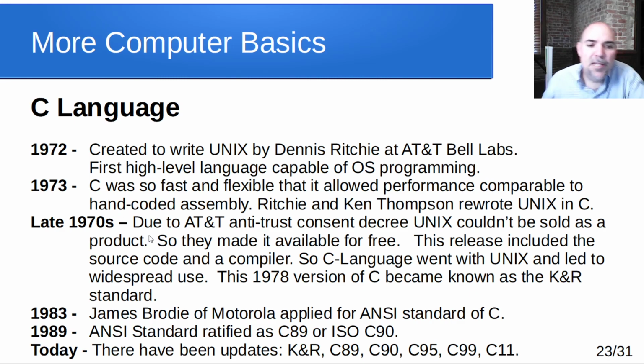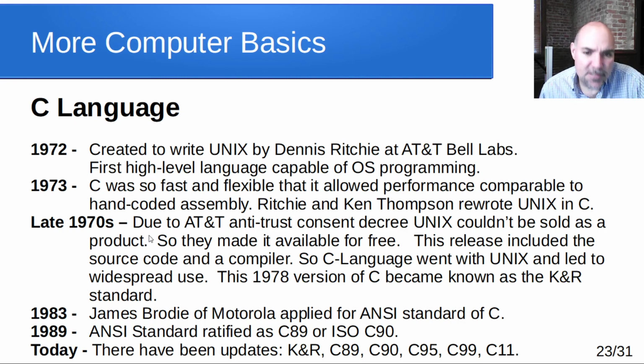But the problem was that AT&T, which at the time hadn't been broken up yet, was like this large company that provided telephone service for pretty much everybody in the entire country, but they were under an antitrust consent decree with the US government that prevented them from competing in the computer software and computer hardware marketplaces.